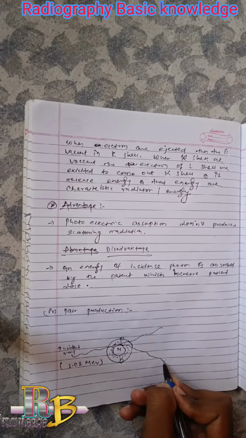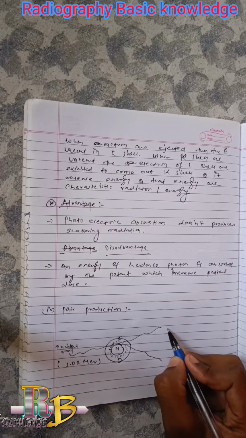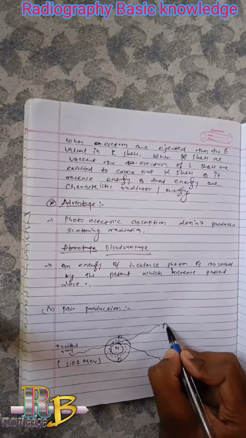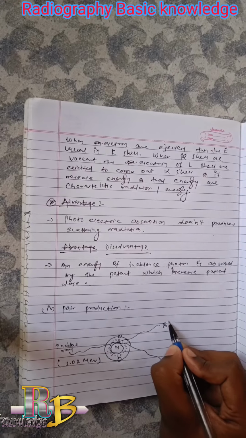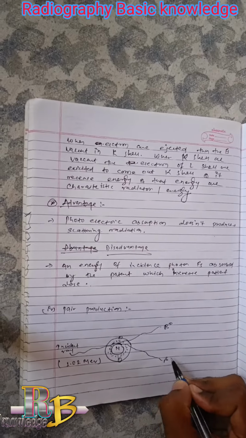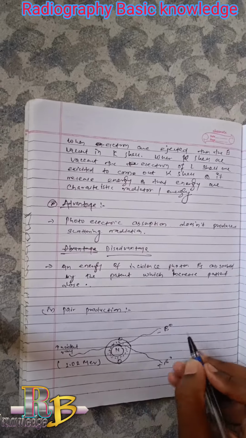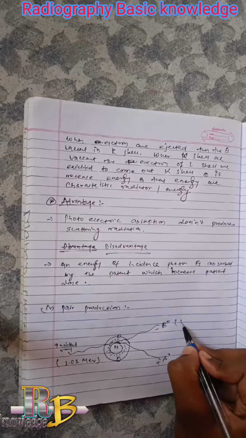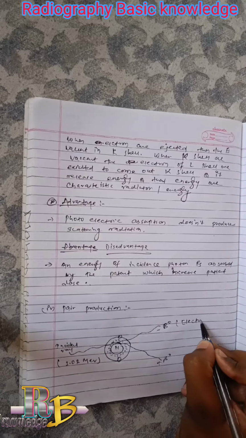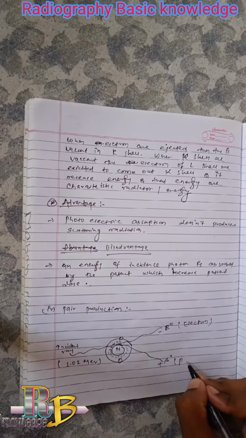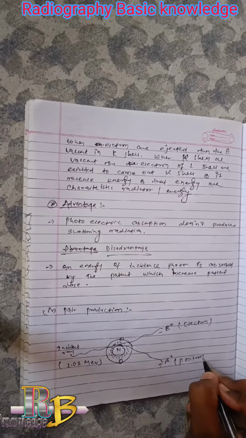They are ejected in two forms, positive and negative. Negative is known as the electron and positive is known as the positron.